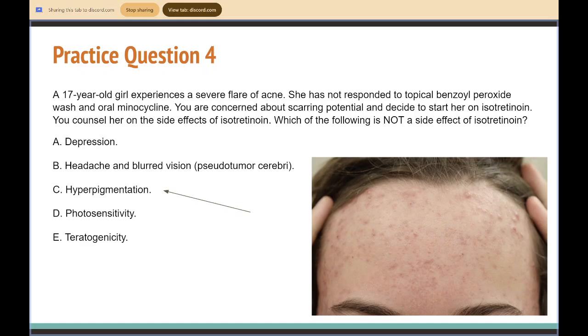Pseudotumor cerebri, which presents as headache and blurred vision, is also a side effect, and so is photosensitivity. So choices A, B, D, and E are all correct as written. Choice C is not a side effect. So if you chose C, great job. If you are unsure, definitely go back and review isotretinoin. It's very high yield.